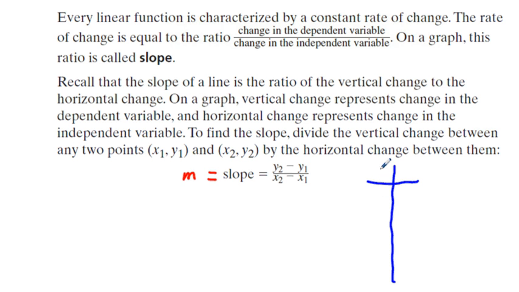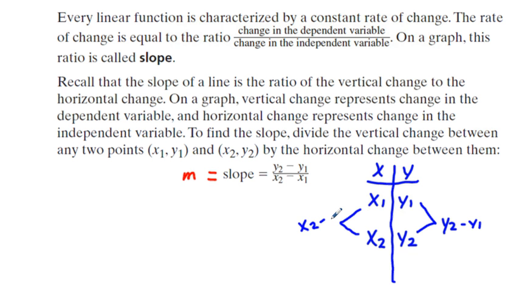If you just have a table with an x column on the left, y column on the right, and you put the first point x1, y1 like this, and then our second point below x2, y2, and you subtract, on the right side you're going to have y2 minus y1, and on the left you're going to have x2 minus x1, and then you divide the right side by the left side. What you have is essentially the same formula.